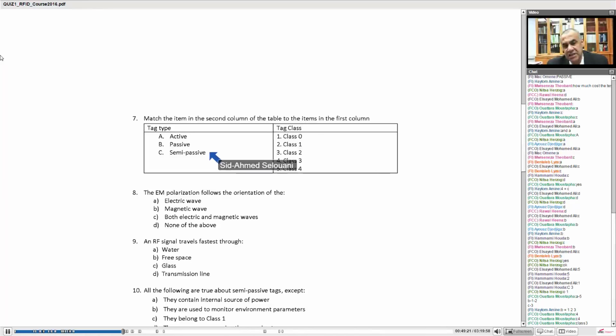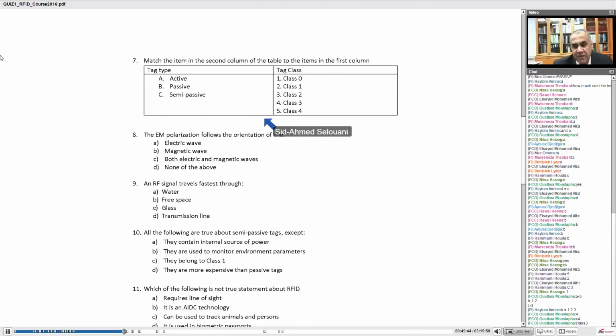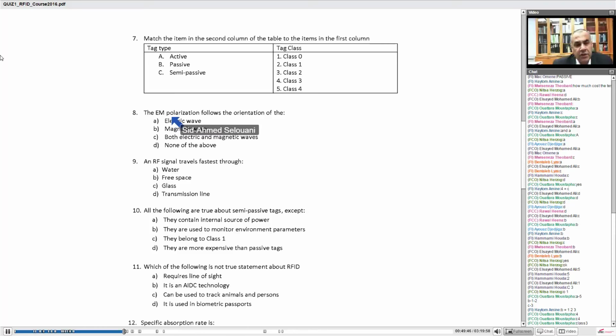Class 3 is semi-passive, and class 4 is active. Class 3 is semi-passive because we start with 0. So C is 4.